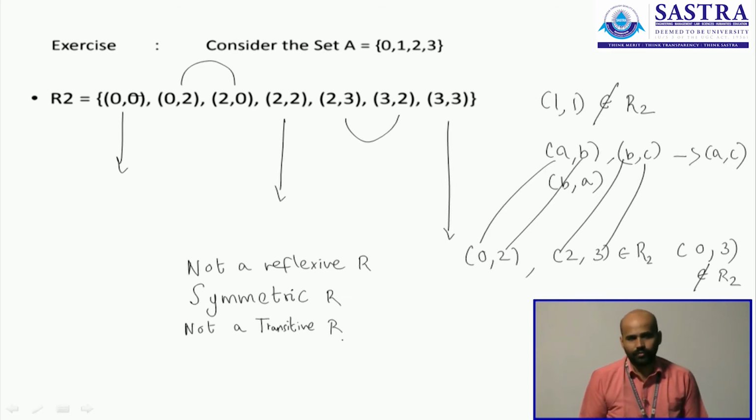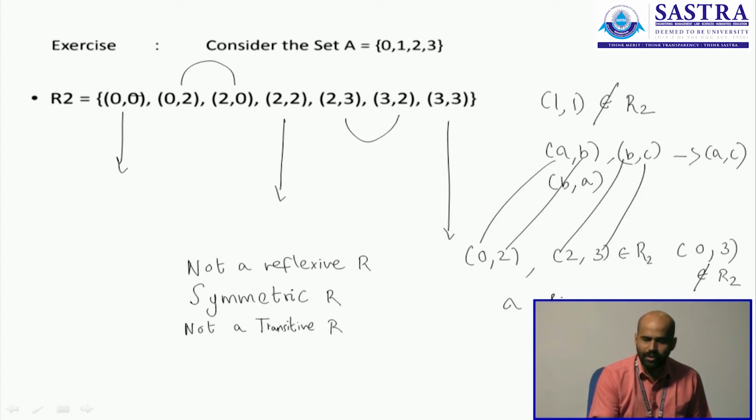Not a transitive R. But can we call it antisymmetric? That's the last type that we saw. Can we call it antisymmetric? No, we call a relation antisymmetric if there is some unique observation that is possible. What is the unique observation? If two elements A and B are distinct, then you can't have both pairs AB and BA part of the relation R. Not both.